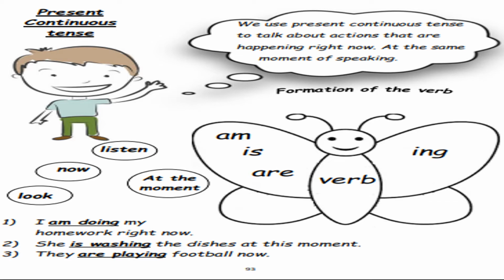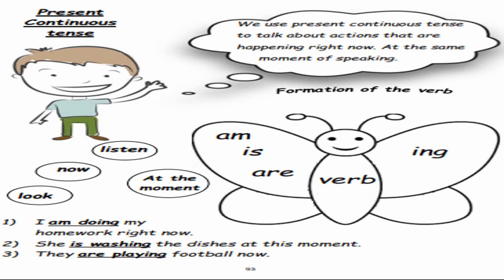Okay, now we are going to move to our booklet, page number 93. We use the present continuous tense to talk about actions that are happening right now at the same moment of speaking. Okay, so what is the formation of the verb? As we said before, we put the pronoun or the subject and then verb to be, am or is or are, and then the verb and then ing.